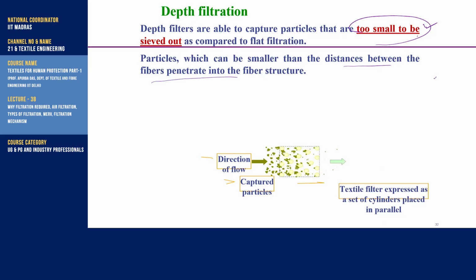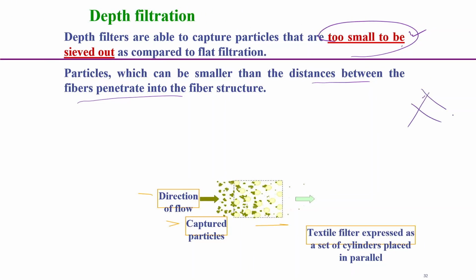That means if this is the fiber dimension, and the distance between the fibers is larger, it can trap even a very small particle, because the path is not straight and the pores are not continuous.